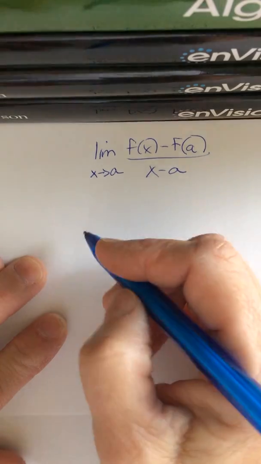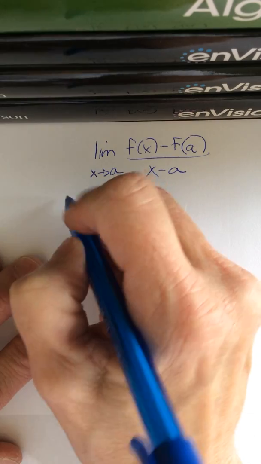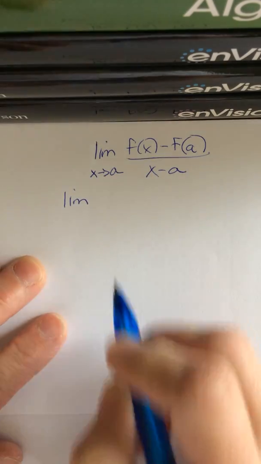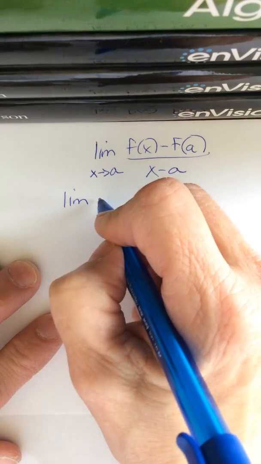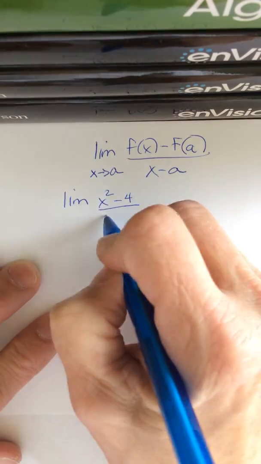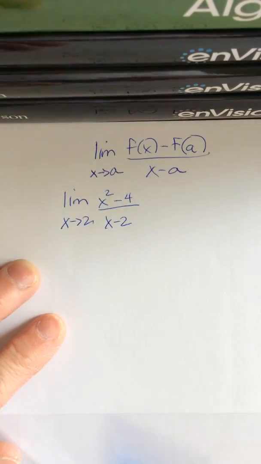So if you look at the first example, I want us to find the limit of x squared minus 4 over x minus 2 as x approaches 2.